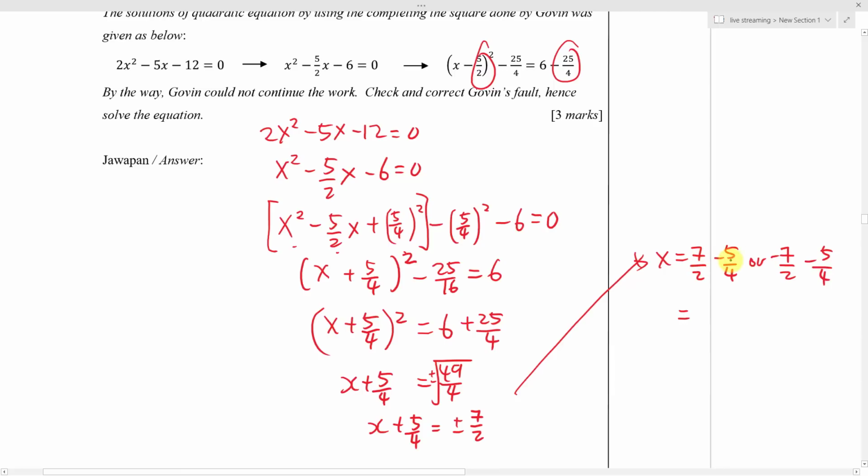This one is 14, 14 minus 5 is 9 over 4. Or this one is 14 negative 19 over 4. I do make a carry mistake, because when you do something like this, it should be minus 5 over 4, because my b is negative 5 over 2. So it should be negative 5 over 4.